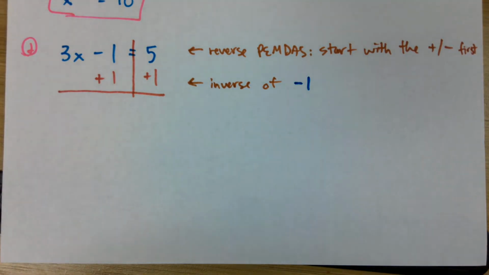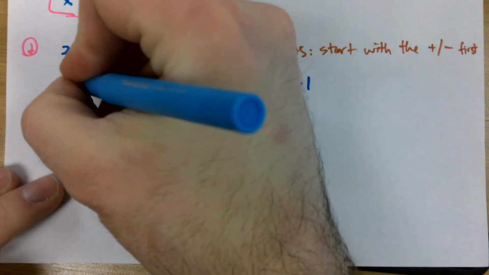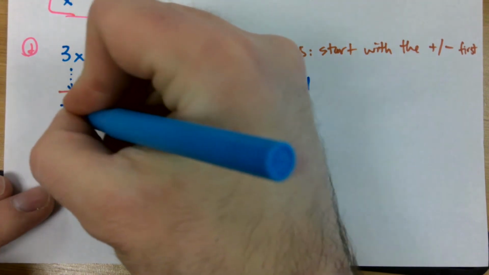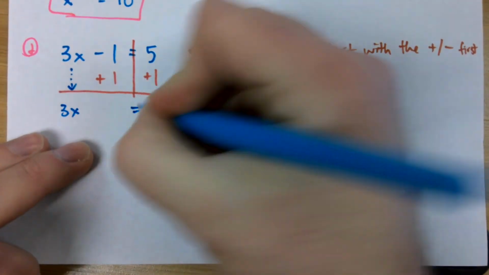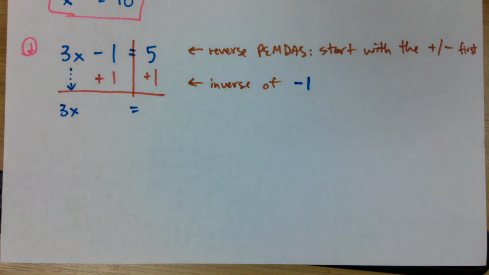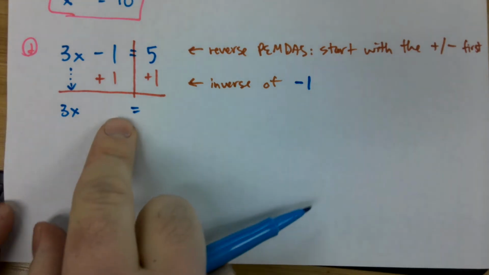Just the inverse of minus 1. We did plus 1. 3x gets carried down. Doesn't change at all. We're going to keep it in the exact same place that it was. Same with the equal sign. We're going to bring that equal sign down exactly in line with our original equal sign.